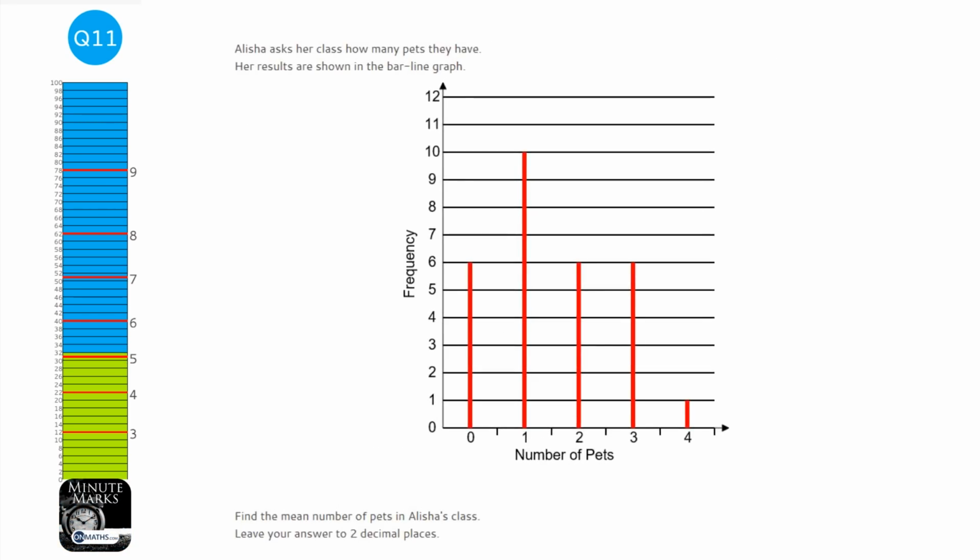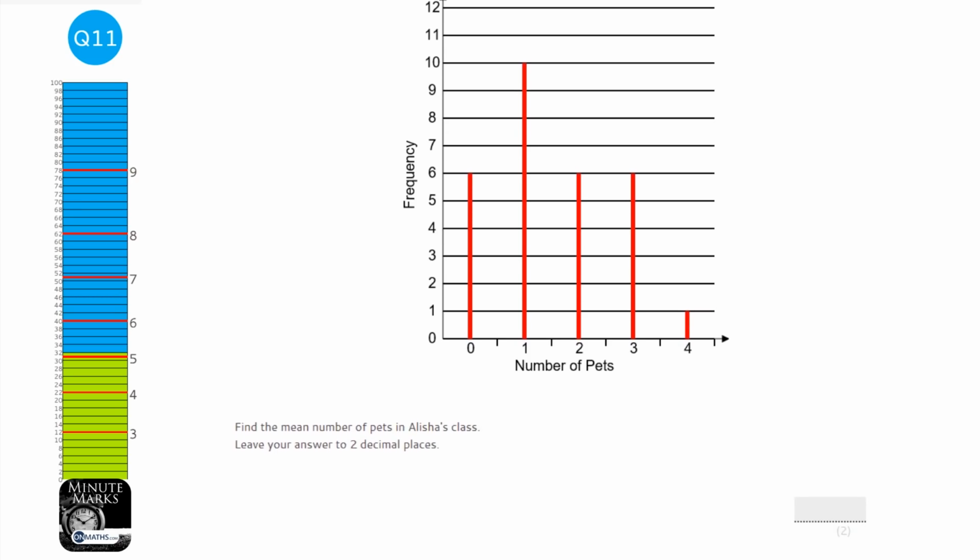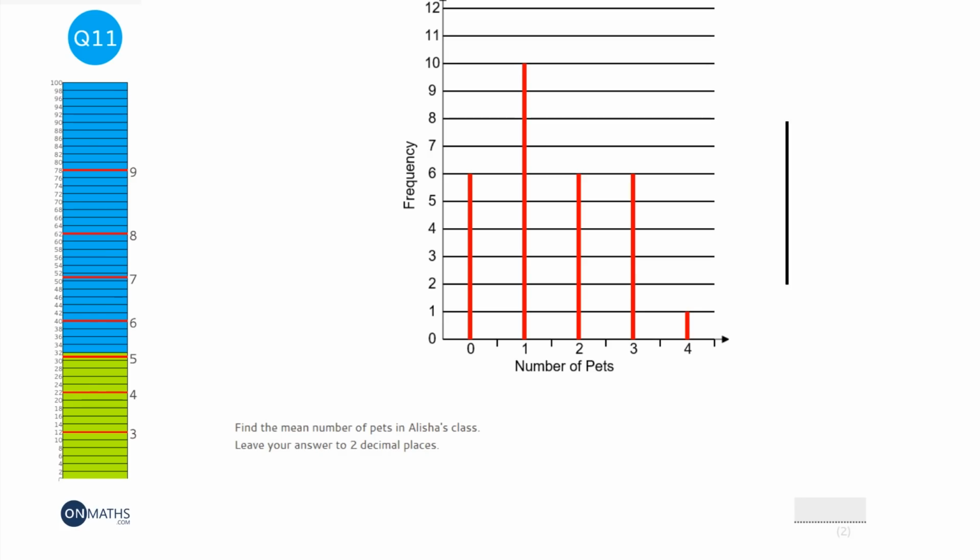Now, this is quite an unusual question because it's asking us to find the mean from a bar line graph. Now, what I would do is I'd first of all just start drawing a table for this information because I'm used to finding the mean from a table, so that's what I'm going to do. And so we've got pets, we've got the frequency, and we'll worry about the last column in a second.